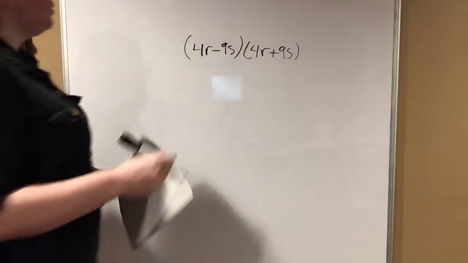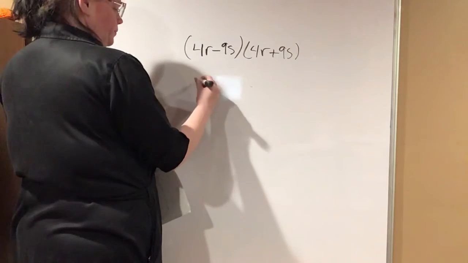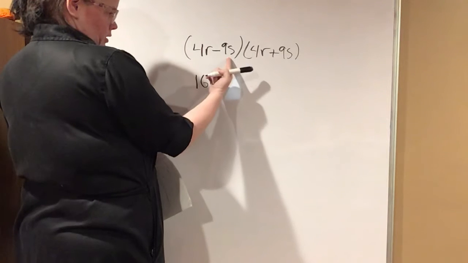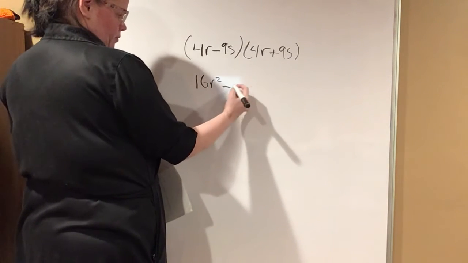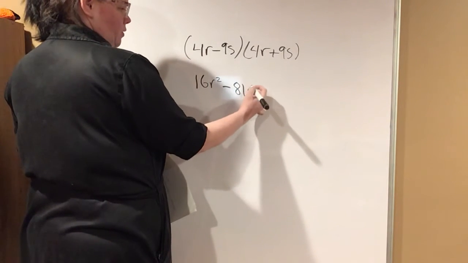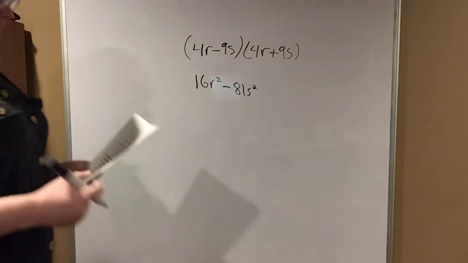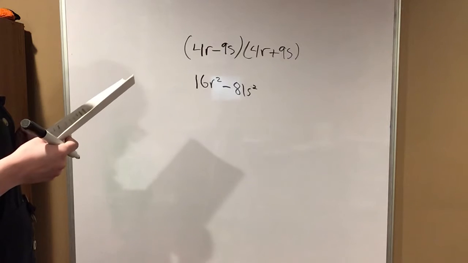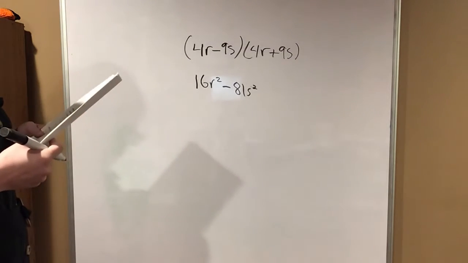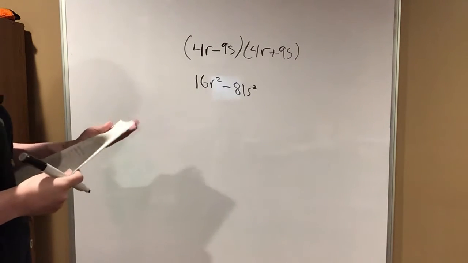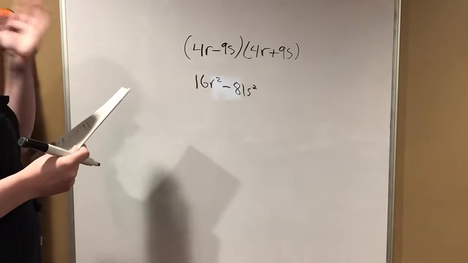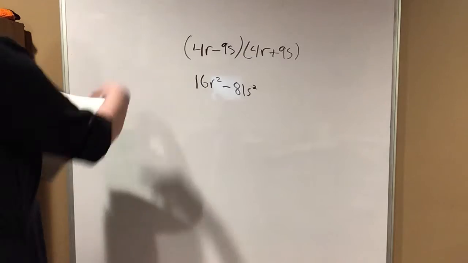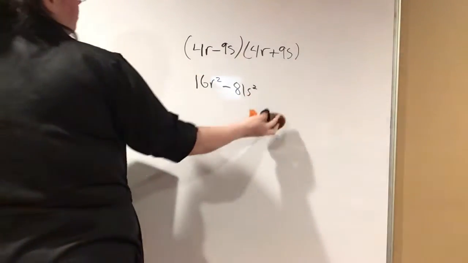So I already know that I'm just going to square this term, 16r squared, and square this term, 81s squared. And that's your solution for that. So that's kind of nice. When we're multiplying by a sum and a difference with the exact same numbers, that's what happens.